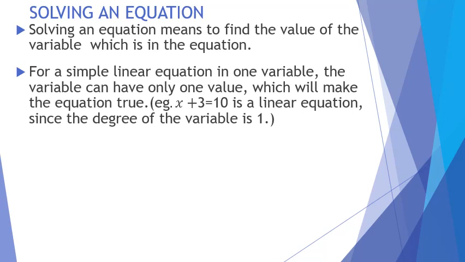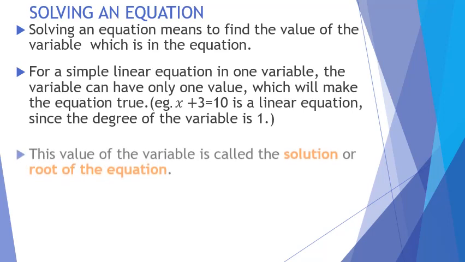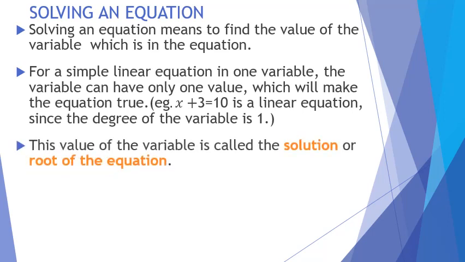In this case, the variable can have only one value which will make the equation true. That is, for x equal to 7, in this equation LHS will be equal to RHS. So, 7 is the root or solution of the equation.